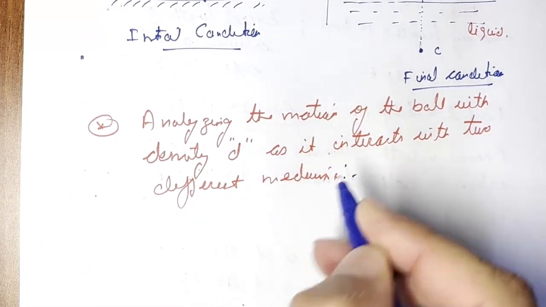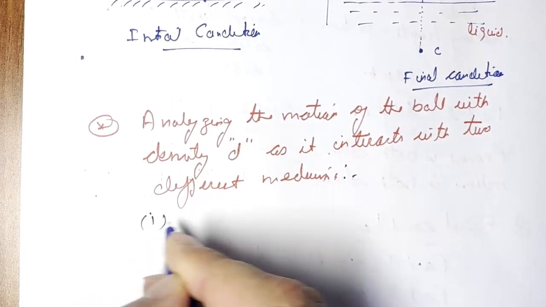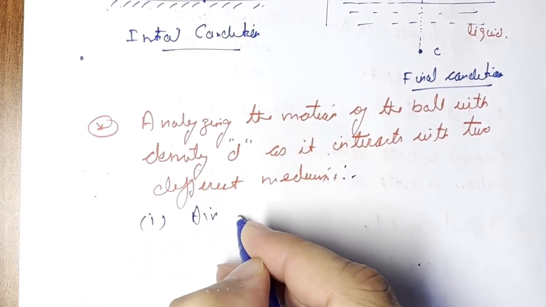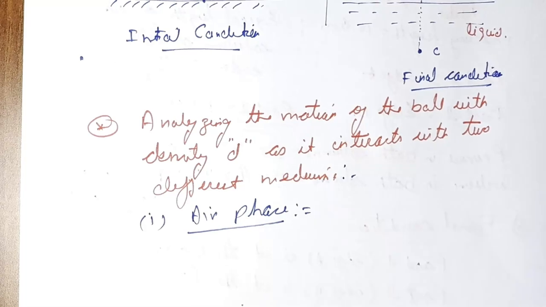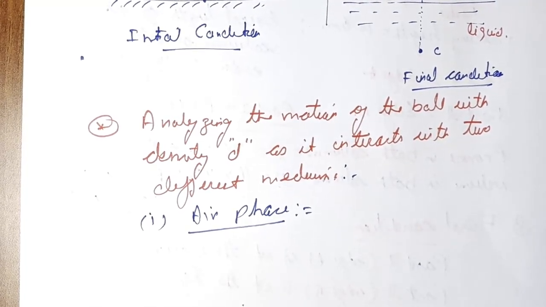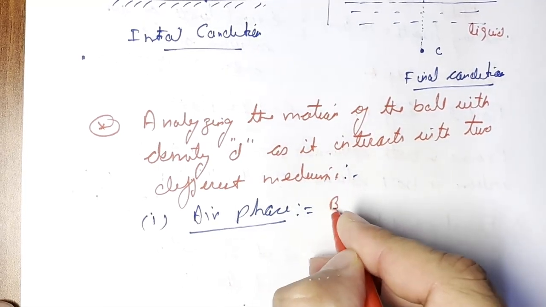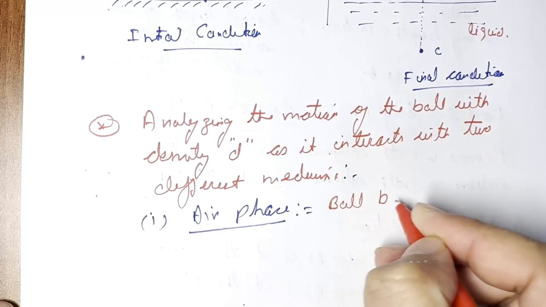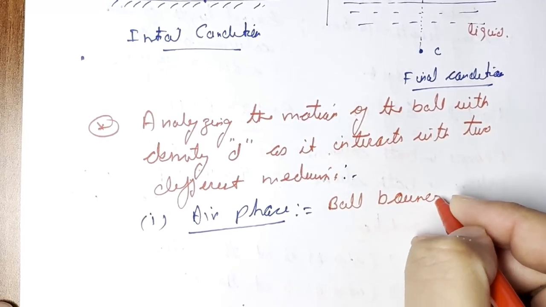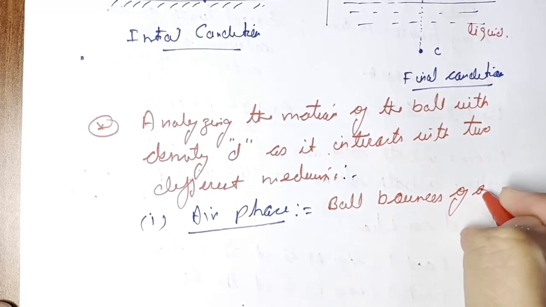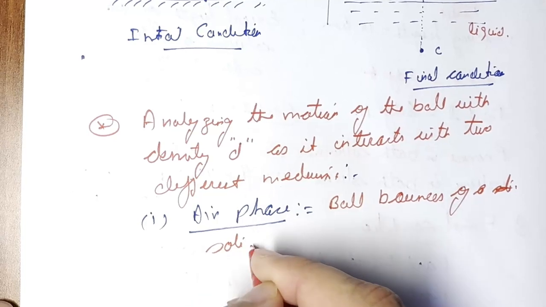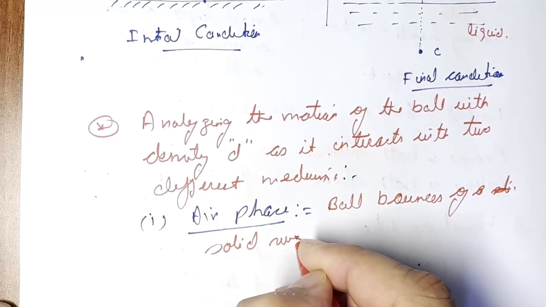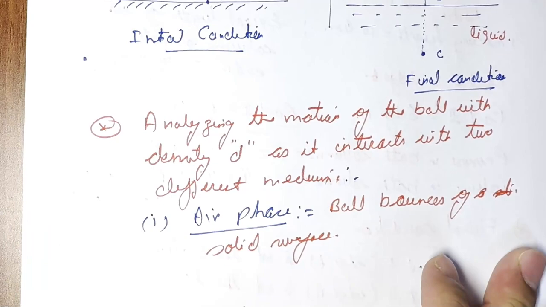Two mediums. So let us call the first one the air phase, and in this air phase, the ball bounces off a solid surface.